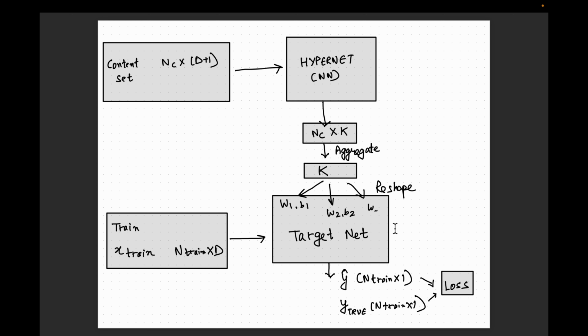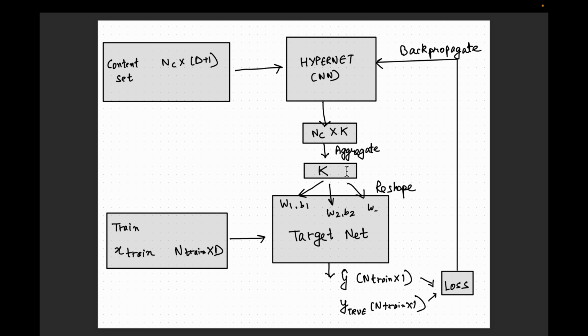Why would you want to update the target network? You're setting the weights of the target network via the hypernet, so you're setting it explicitly. You don't want to be updating it. You want to be updating the weights of the hypernetwork. You update the weights of the hypernetwork this way. Questions on this? We'll show in the code example how we set these weights.